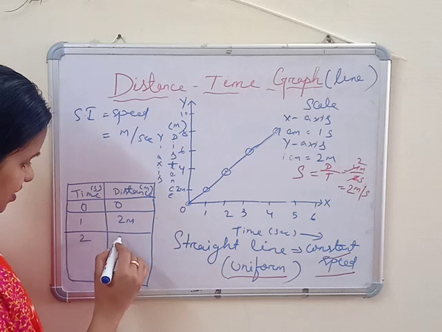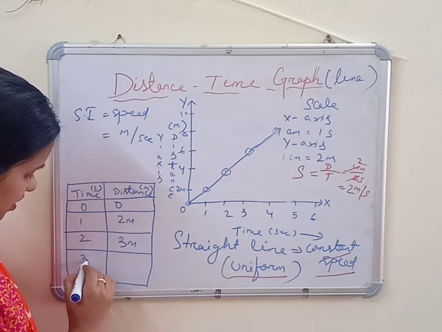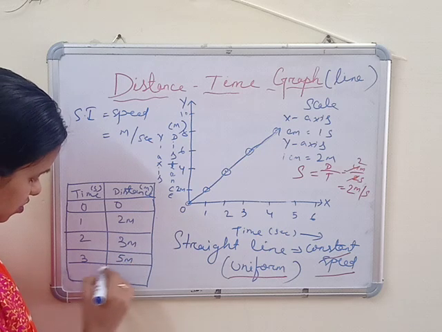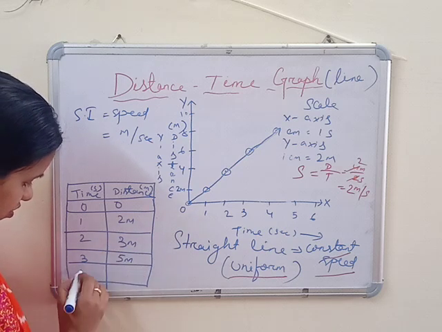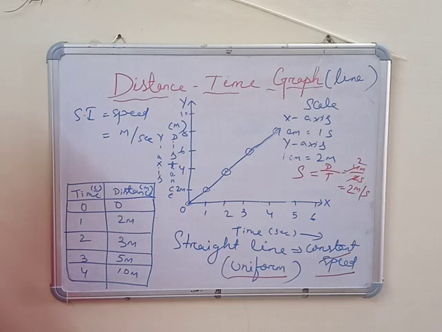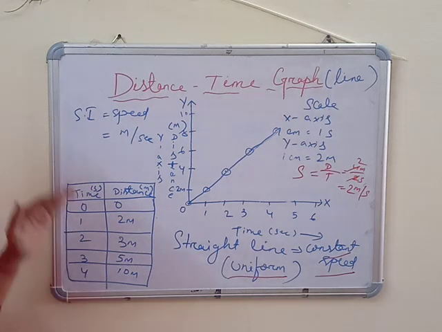For 2 seconds it takes 3 meter. For 3 seconds it takes 5 meter. Then for 4 seconds it takes 10 meter. Okay. So this is how your table, the data, is given to you.